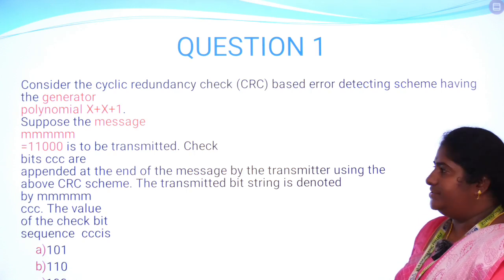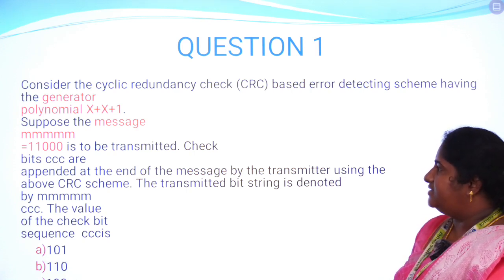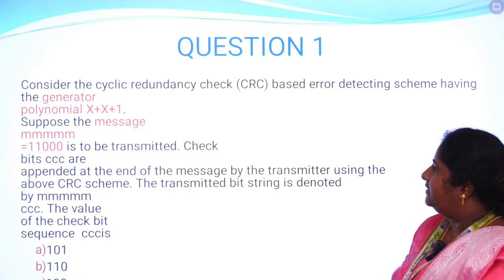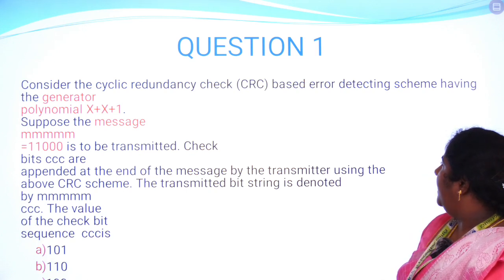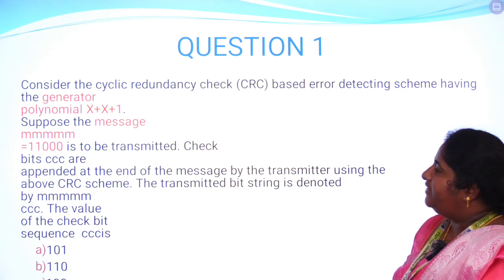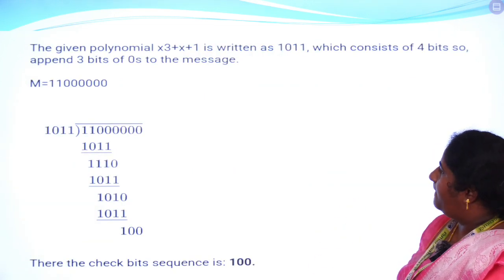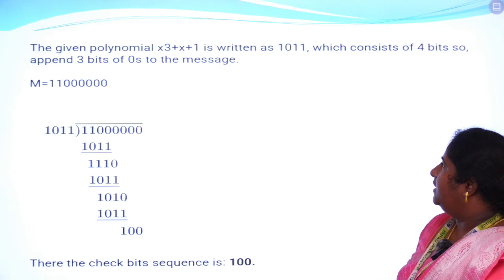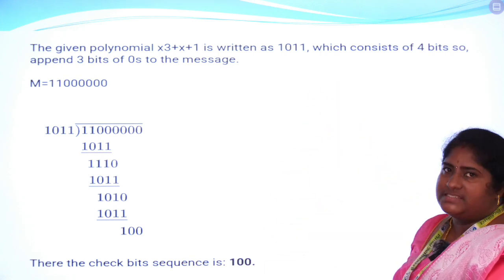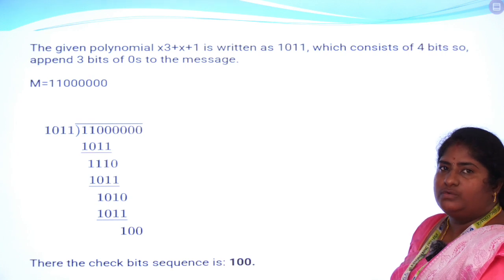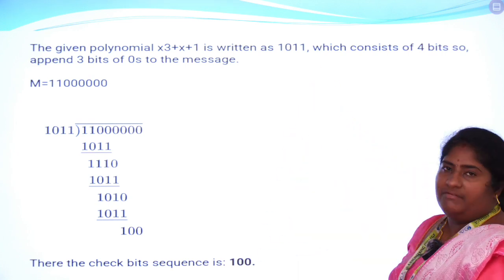So let us come to the questions. The first question is: consider the cyclic redundancy check based error detection scheme which has the polynomial generator x power 3 plus x plus 1. This is rewritten as 1011 because it does not contain the x power 2 term, so the 0 value is given for that.